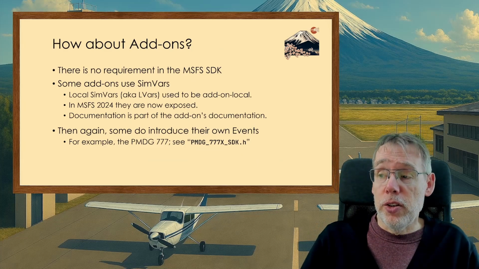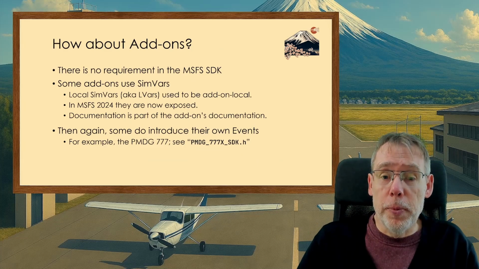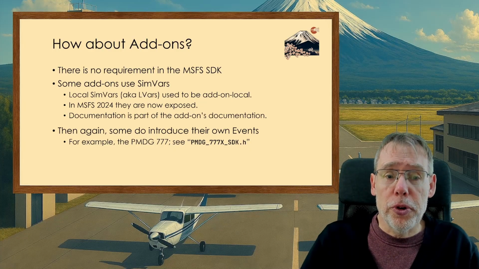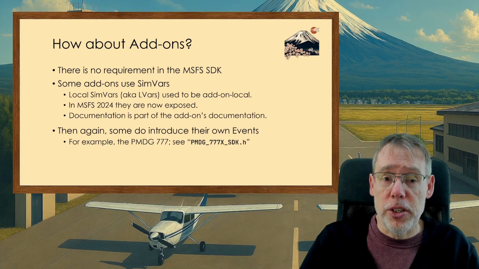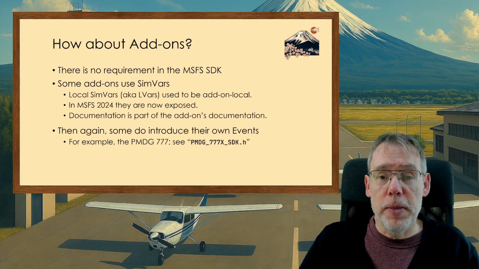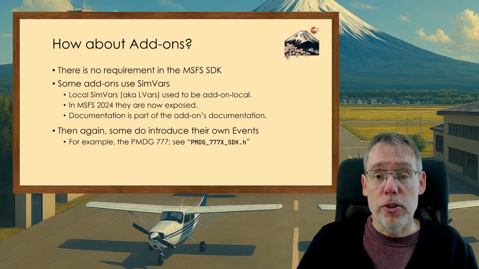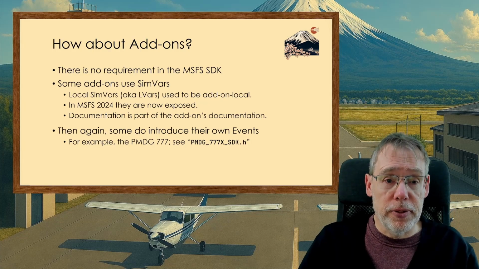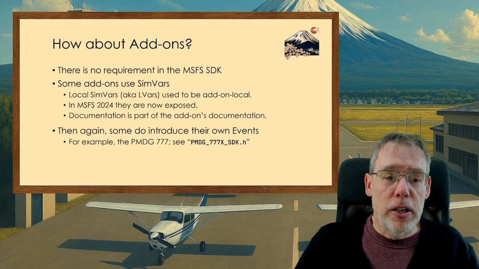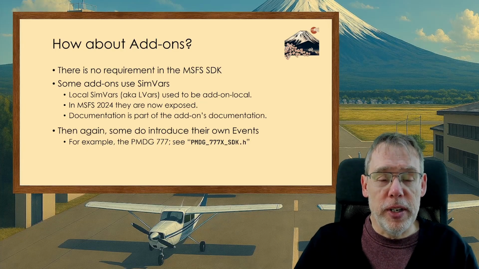So what about add-ons? There is actually no requirement of which event should be supported by an add-on in the SDK documentation that I have found, unless it is somewhere in the parts about how to build your own aircraft. But from the past, I've seen that there are different ways of how to interact.